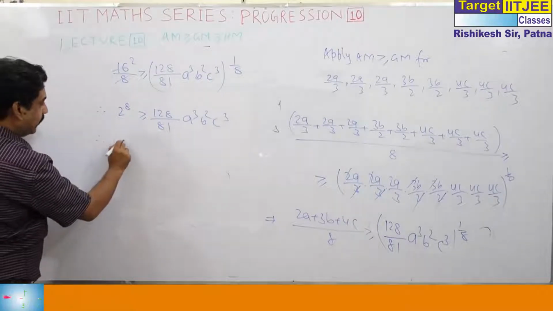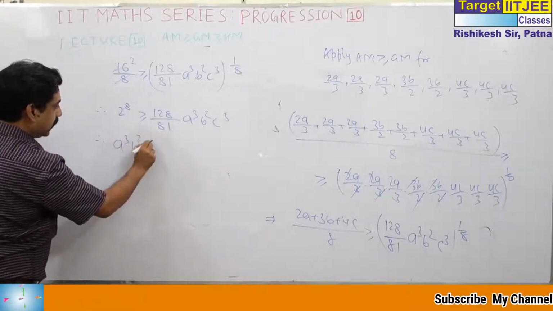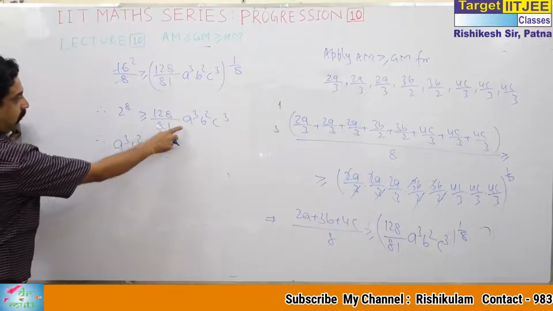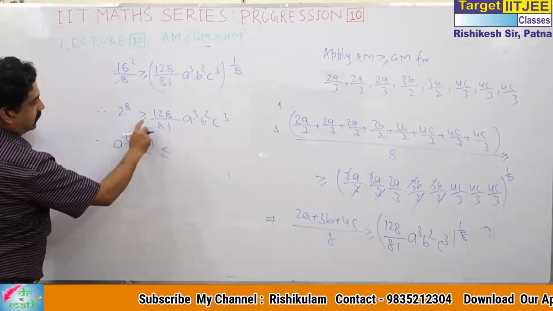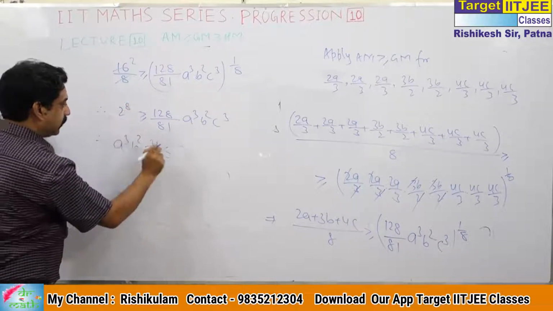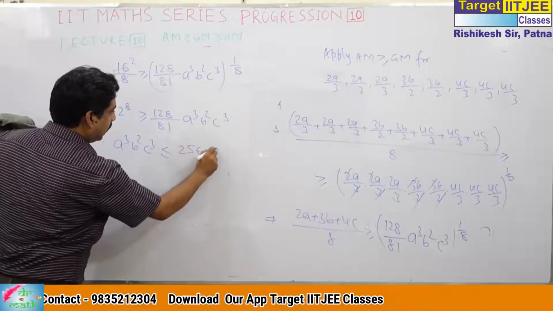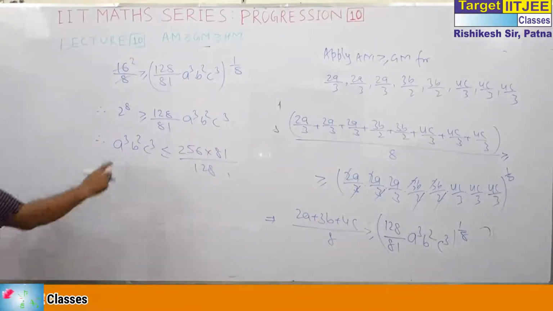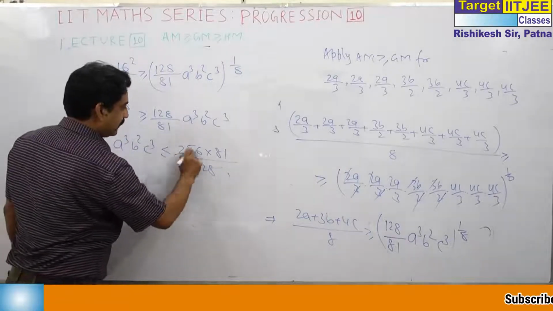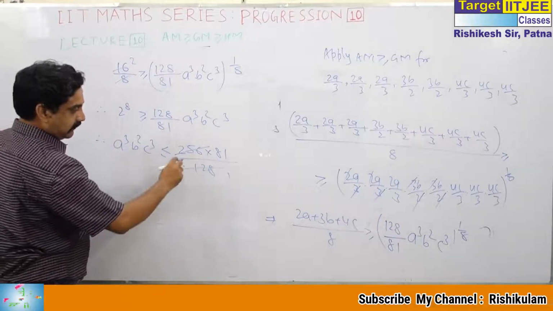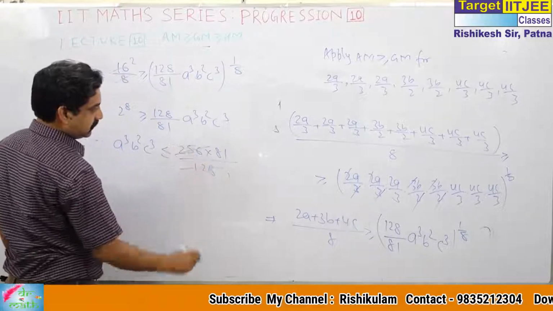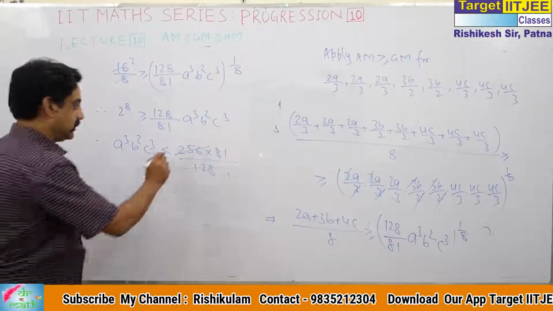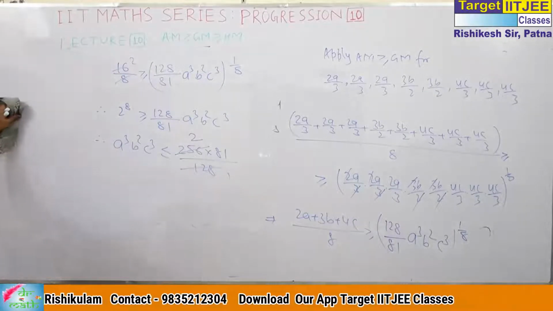So what do we get? a cube b square c cube is less than or equal to 2 to the power 8, which is 256, into 81 divided by 128. We can cancel this way. This is 2 times.